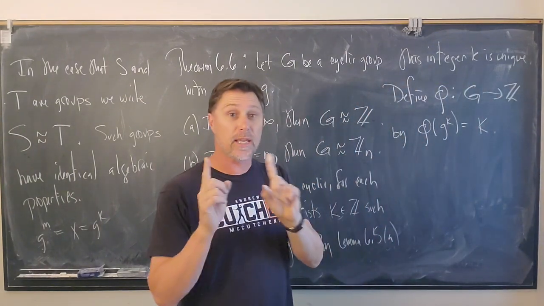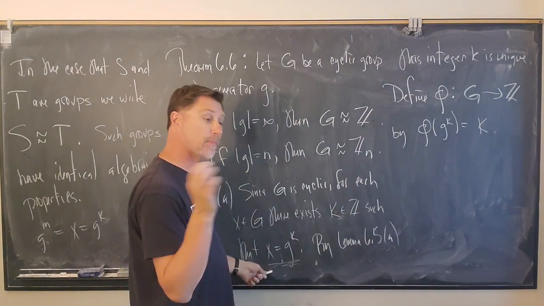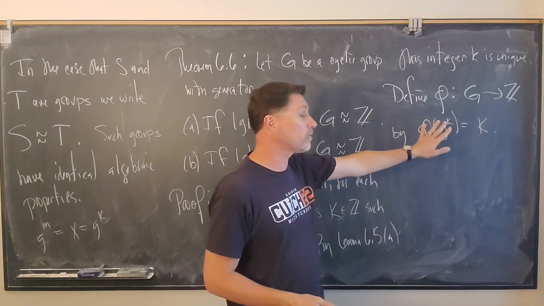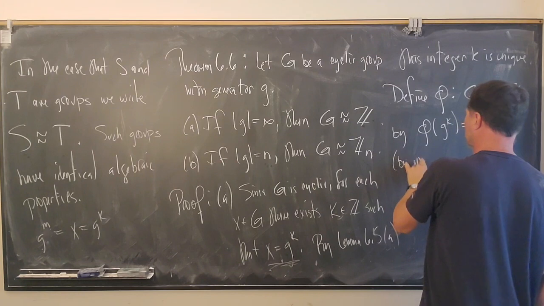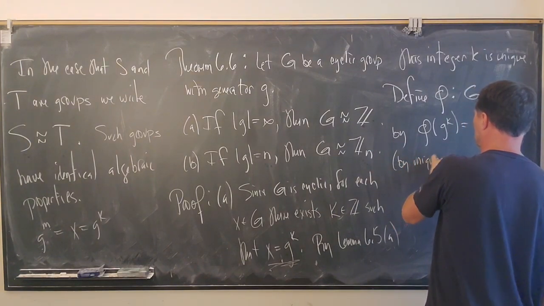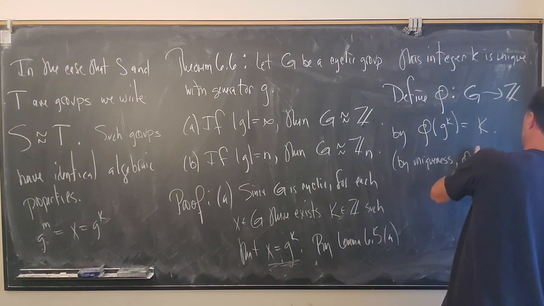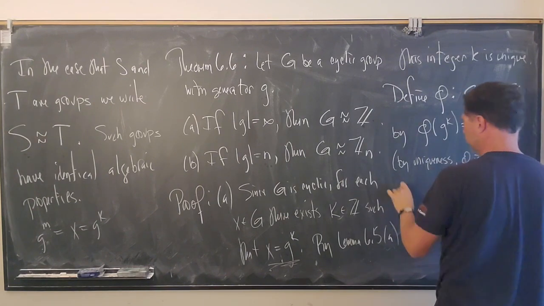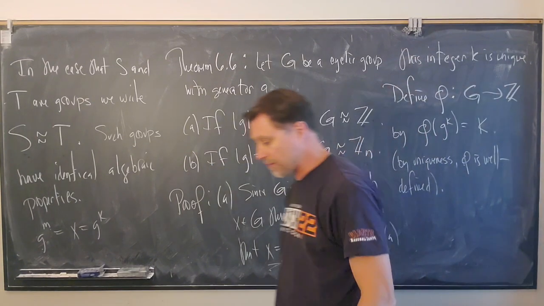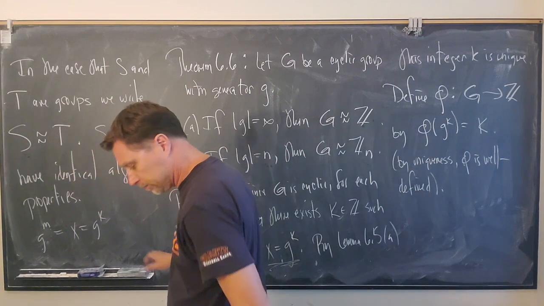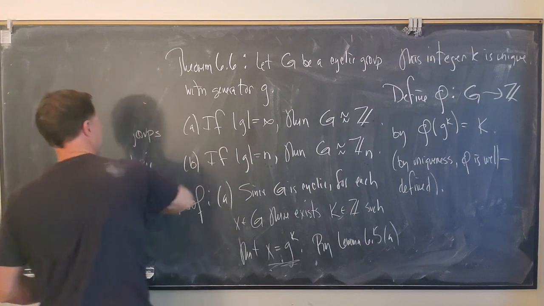Now, by uniqueness of representatives, there's exactly one way to represent each element as a power, and so this function is well defined. Okay, so we have an honest function here. So now let's show that it's actually an isomorphism.